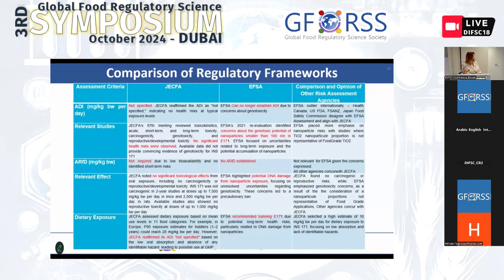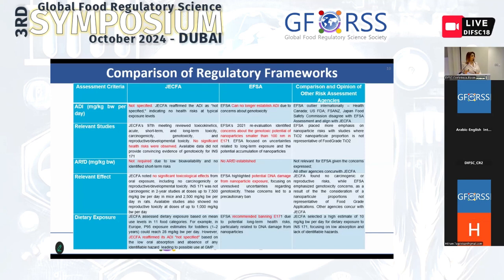EFSA placed more emphasis on nanoparticle risk, with a study where the titanium dioxide nanoparticle proportion is not representative of food grade titanium dioxide. For JECFA, this was not relevant for EFSA's given concern. All other agencies concur with JECFA.